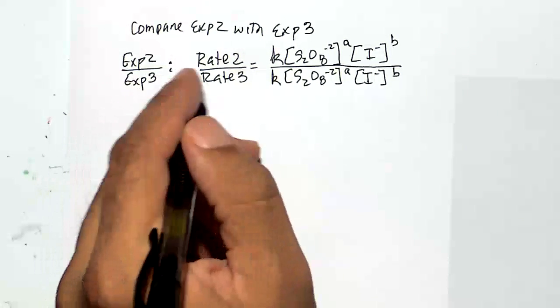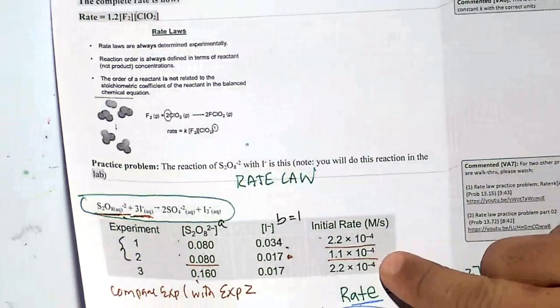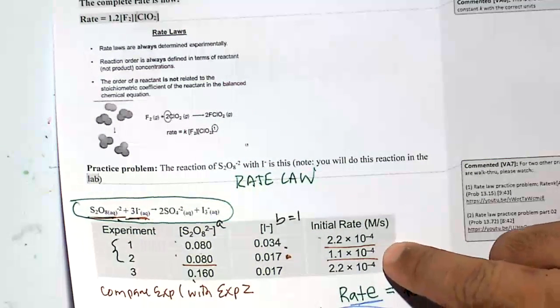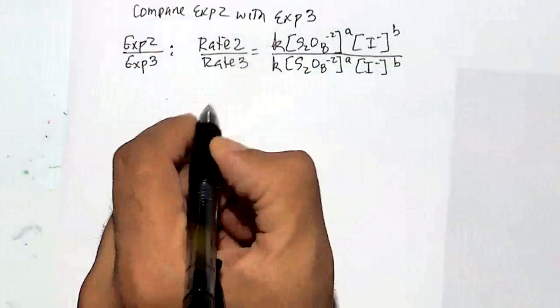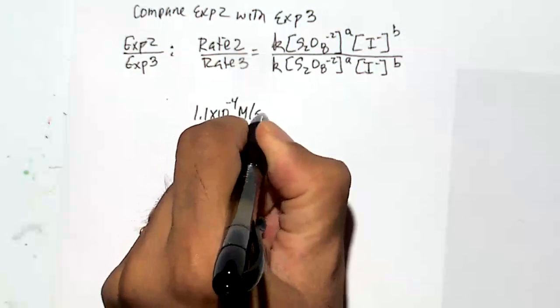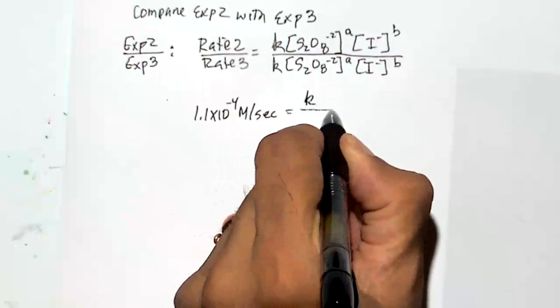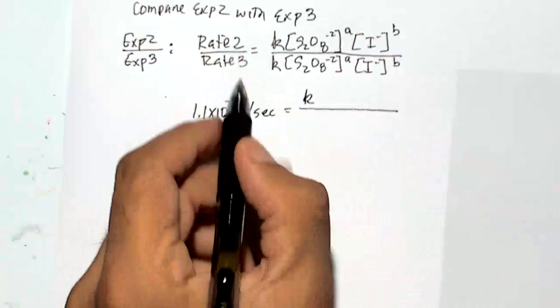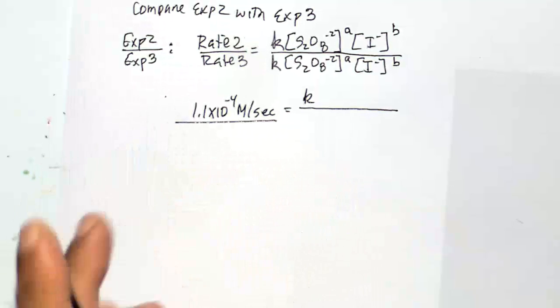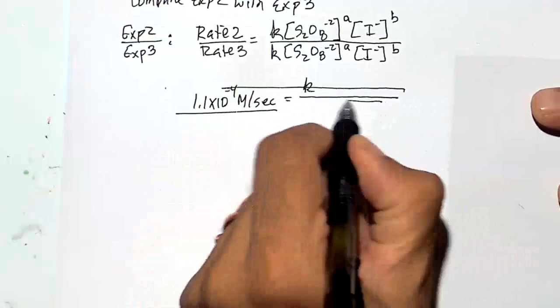Right, so rate 2 for experiment 2, let's substitute our values in. Rate 2 is 1.1 times 10 to the minus 4.